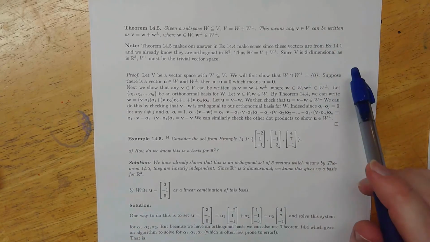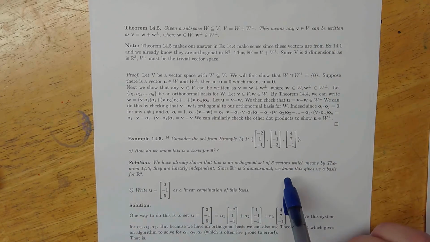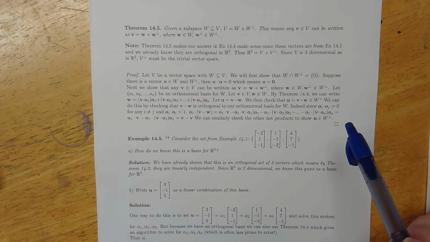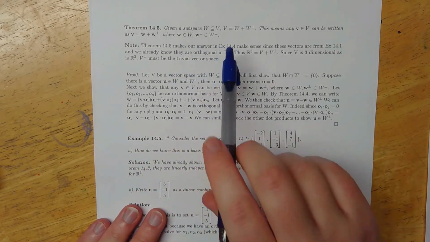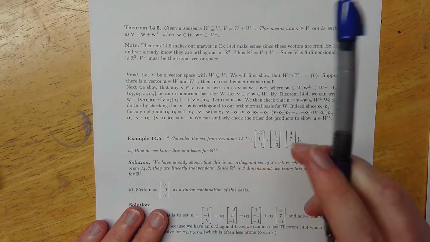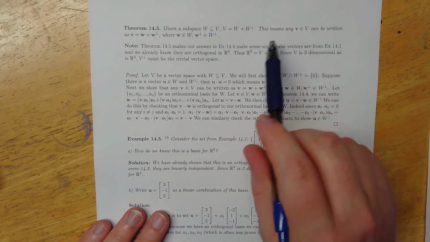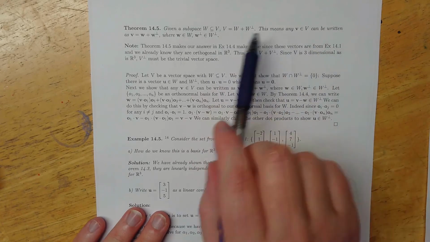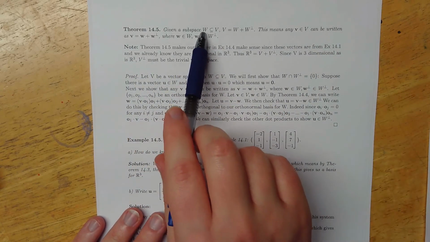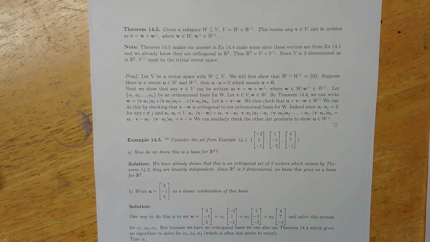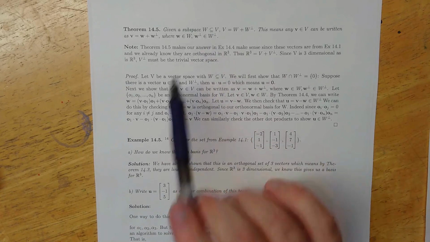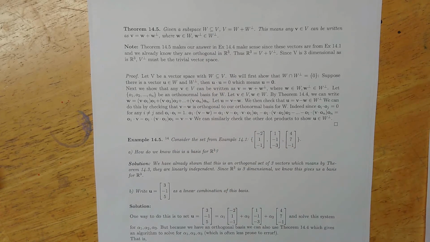So we're essentially saying we can write any vector in the parent space as a vector from the subspace plus a vector from the perpendicular space. We can break it down into things that are orthogonal to this space and things that are in that space.